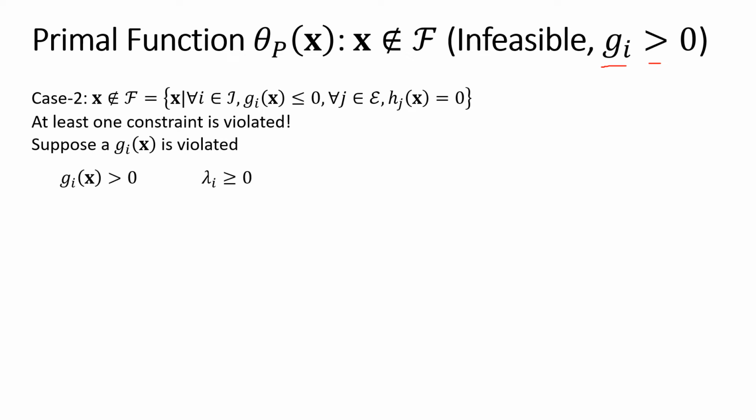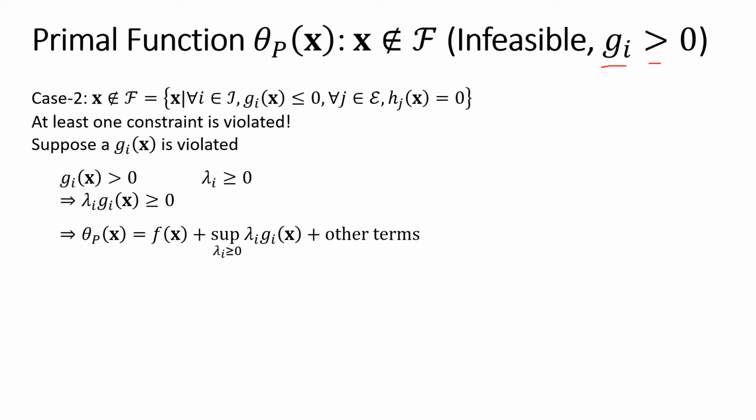Therefore, for some i, we must have gi of x strictly greater than 0. Furthermore, lambda i has to be greater than or equal to 0. Therefore, their product lambda i gi of x is always greater than or equal to 0.